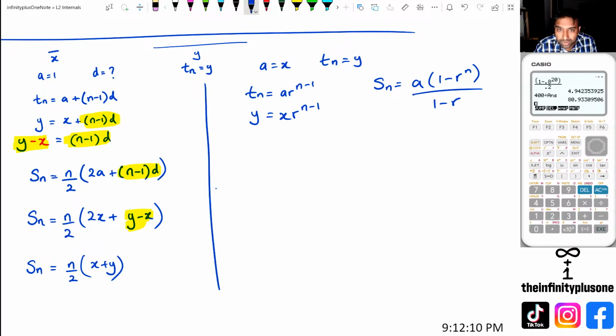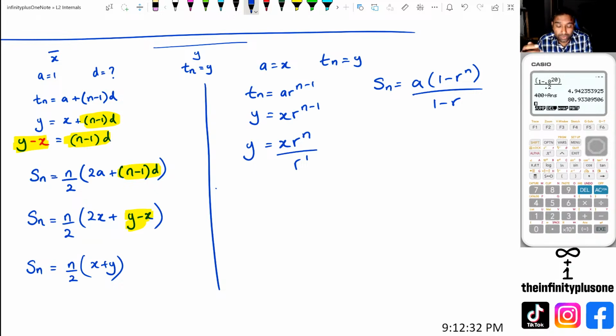The way we're going to do that is work on this side here. So we're going to have y is equal to x times r to the power of (n minus 1). Now r to the power of (n minus 1) is the same thing as r to the n divided by r to the power of 1. Because remember, when you have powers that are being subtracted, we can rewrite this as a fraction. This is one of the things that we did in level 1 algebra.